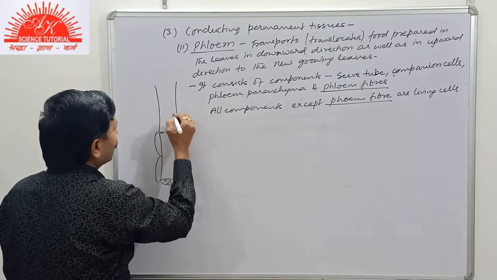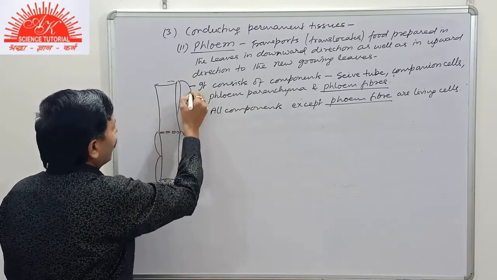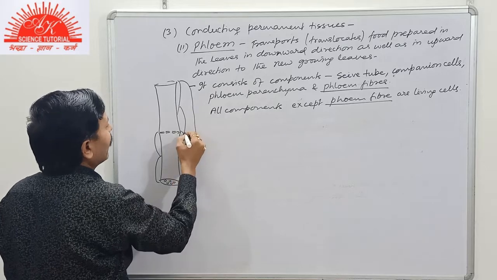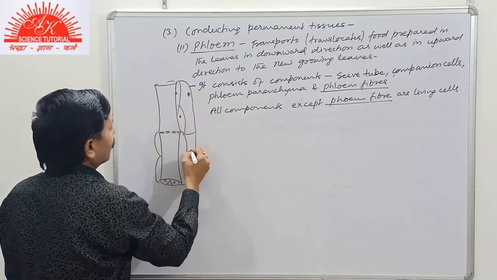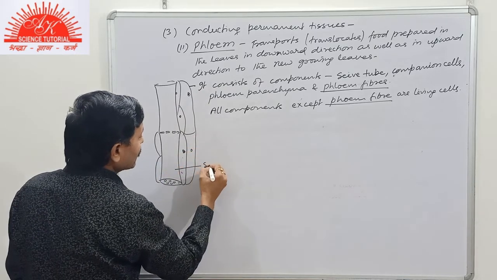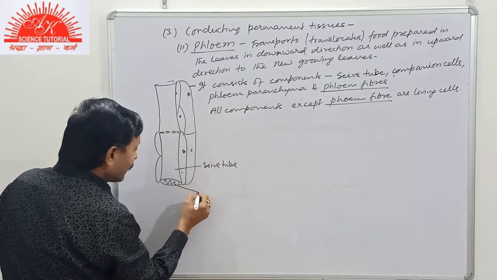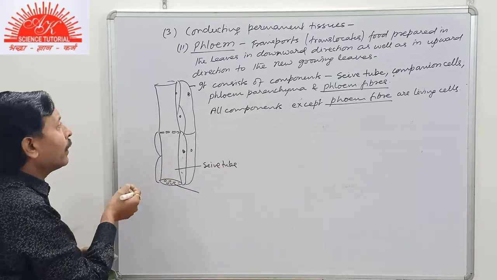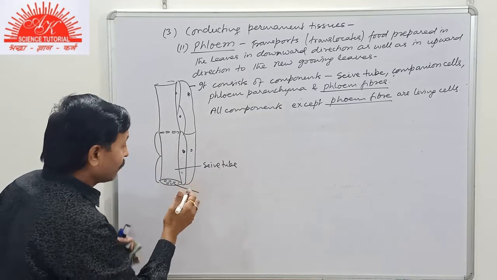Suppose there is another component, and there may be cells like this. Now we see here, this is the sieve tube, and this is the horizontal plate in which the pores are made, so it behaves like a sieve.